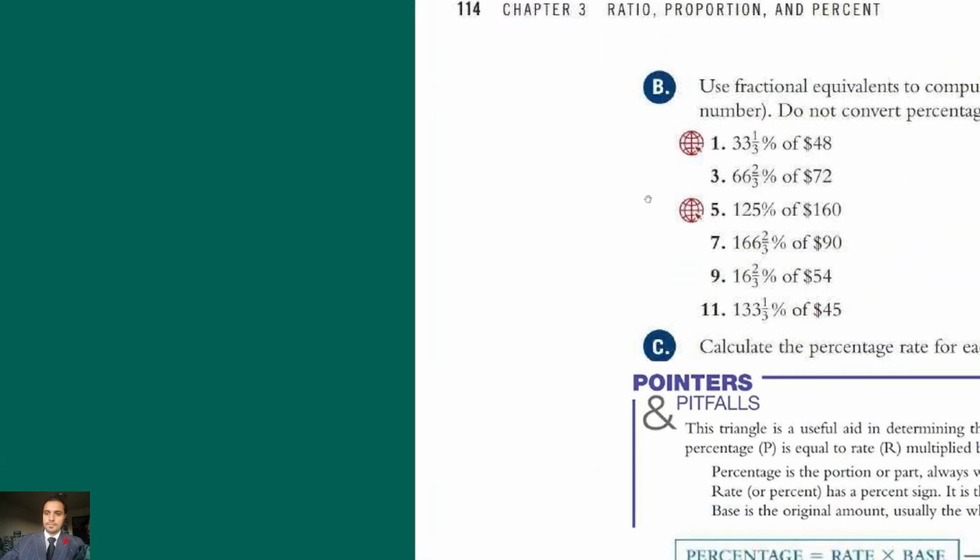Usually we would have done 33 1/3% of 48, multiplying 48 by 33 1/3 over 100, which turns into 100 over 300, multiplied by 48, and then we would have been left with 3 and then 16.